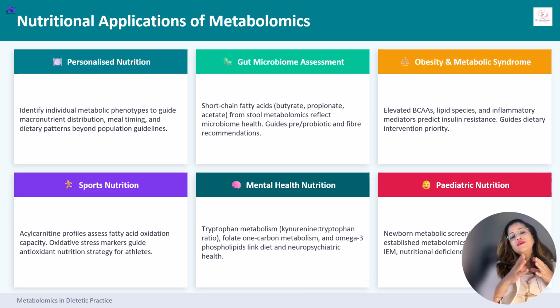So yes, when we talk about BCAAs in patients with obesity, it is a double-edged signal. One, it comes from dietary excess, and also from some adipose tissue proteolysis. So metabolomics can differentiate between metabolically healthy obesity and metabolically unhealthy obesity. So clinically, these are very different profiles.